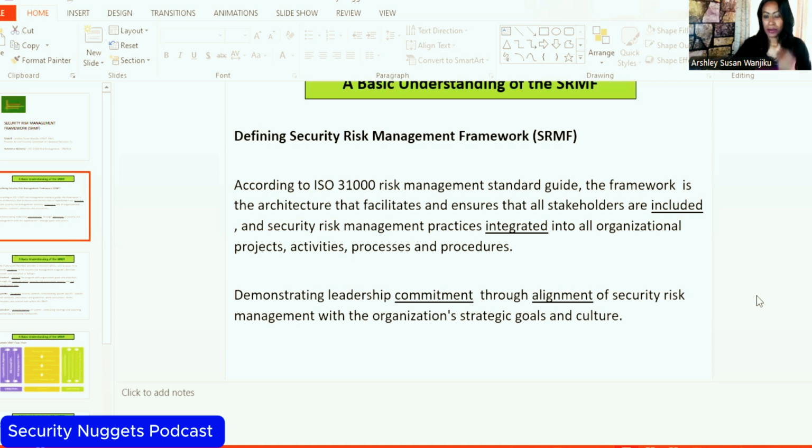Now, I remember also mentioning that the security risk management program is a holistic program. It's supposed to include everybody that's relevant, any relevant stakeholder, whether they're within the organization or outside, whether they're external. So inclusion is very important, and we bring in that inclusion when we have a framework.